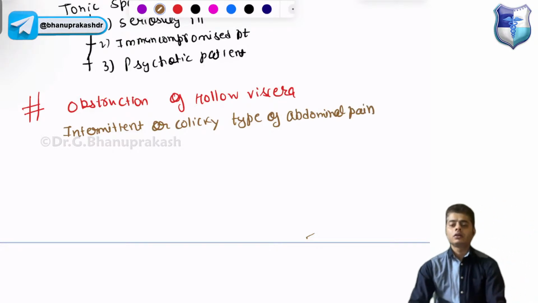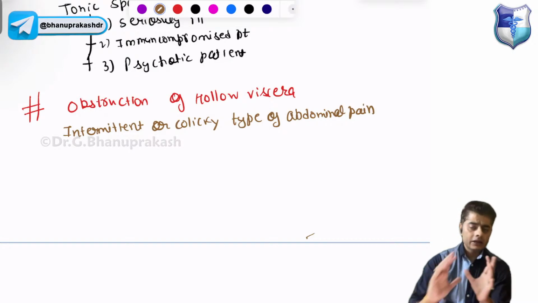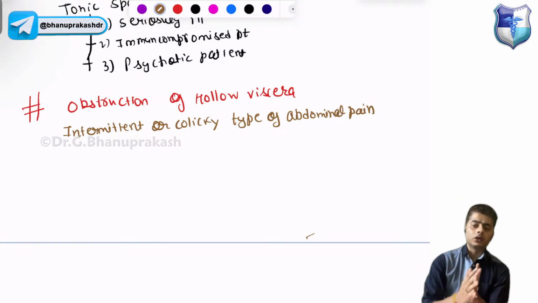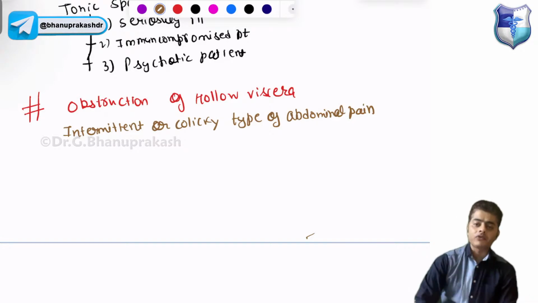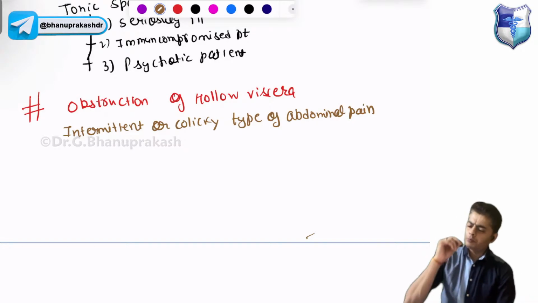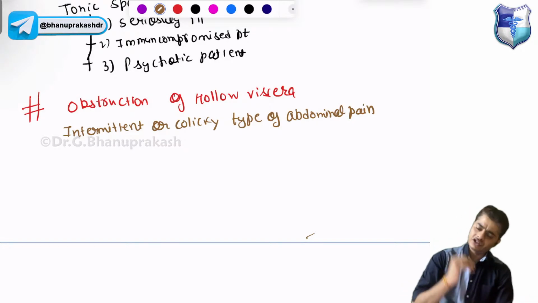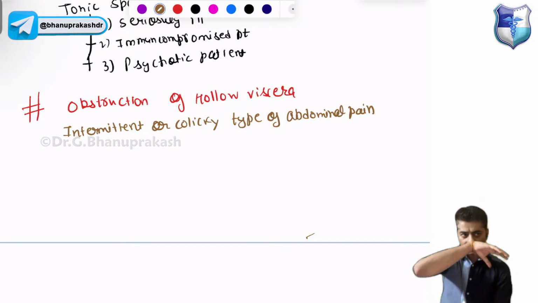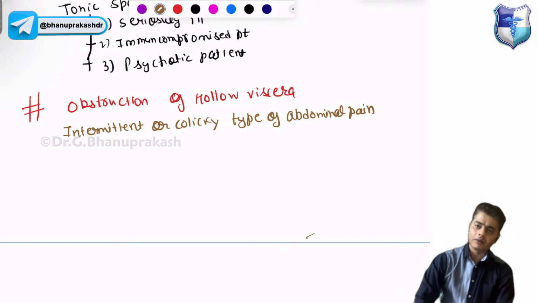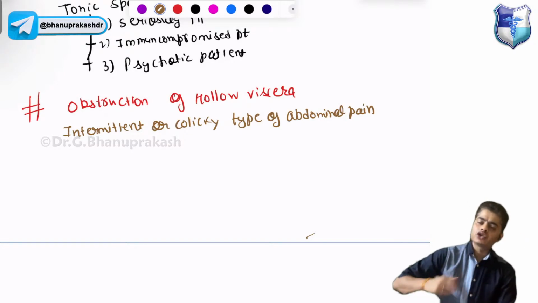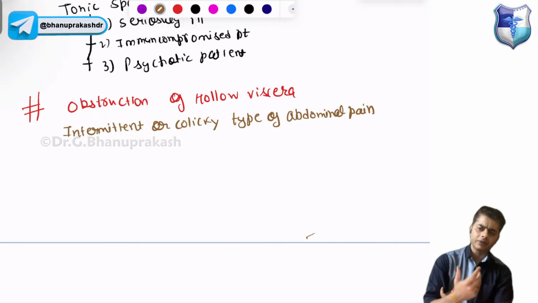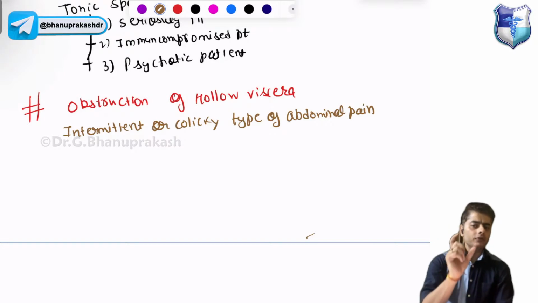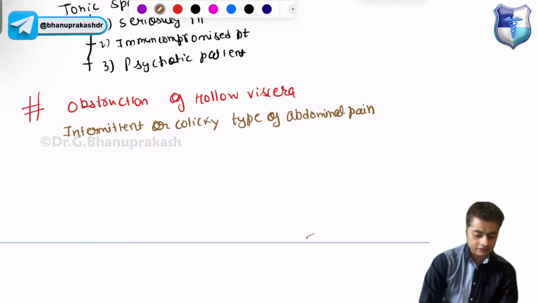You have seen the pain of renal stone, which we generally call renal colic. What kind of pain is there? A sharp shooting pain which suddenly goes off. In your ward, a kidney stone patient will be running here and there with sharp pain, and suddenly after 20, 30 minutes or some time, the pain will subside. So it is a colic type of pain.